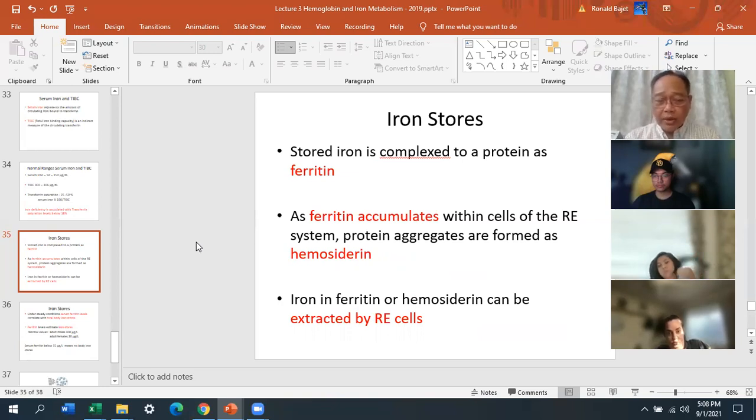So in the reticuloendothelial system, iron-bound ferritin will accumulate, and when it aggregates, it forms hemosiderin. Iron in ferritin or hemosiderin can be extracted by the RE cells. So it's stored in ferritin, and when it's needed, the reticuloendothelial cells can extract it so that transferrin can take it out.